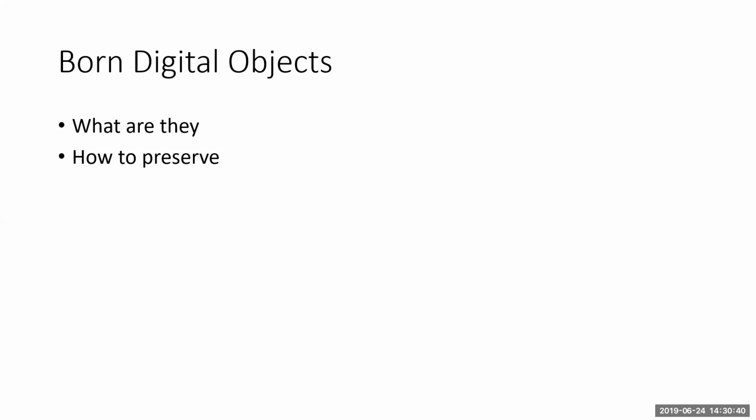So it could be emails, it could be Word documents that you created and then sent to someone, or you just created. At Moraine Valley, we have born digital objects that are the Board of Trustees minutes. They're sent to me digitally. I don't ever print them out. They're just saved digitally. And preserving those is similar to the digitized items.